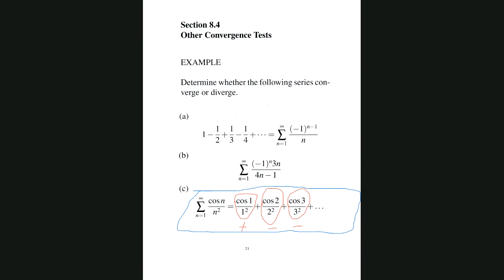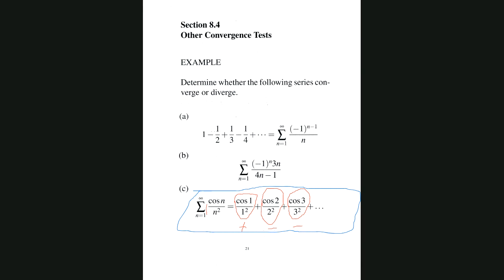So we cannot use the alternating series test to help us with this series, the sum from 1 to infinity of cosine of n over n squared. We can't use the alternating series test. Okay? But what do your instincts tell you?